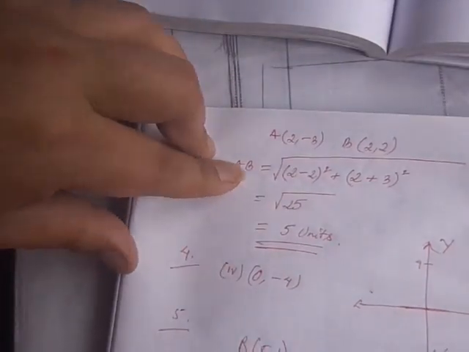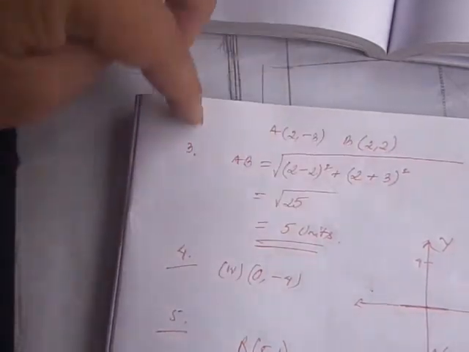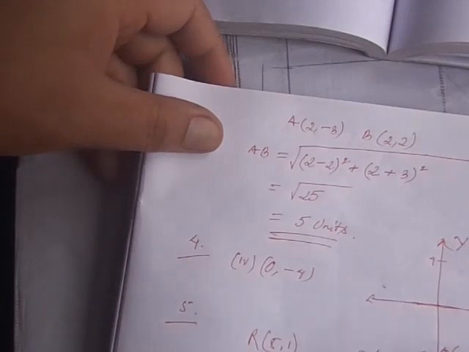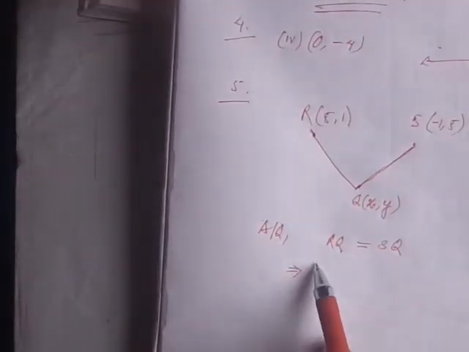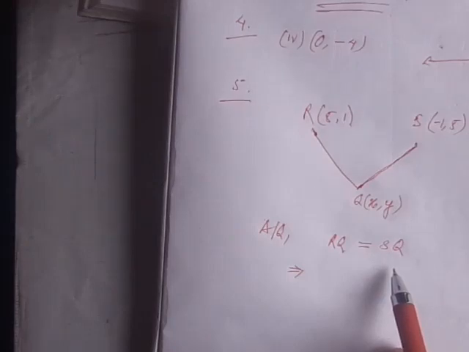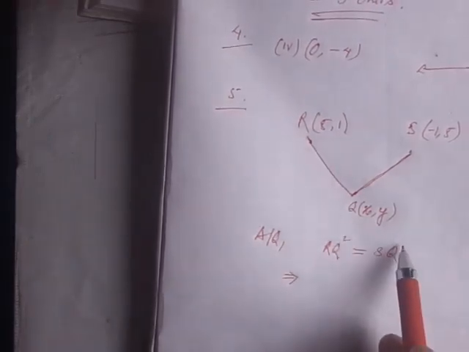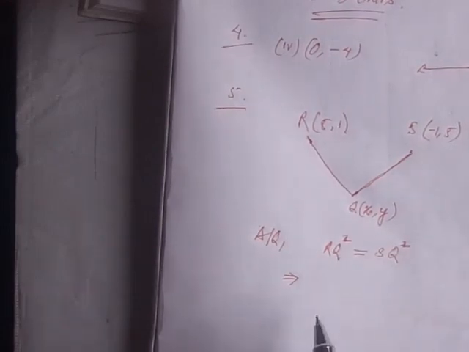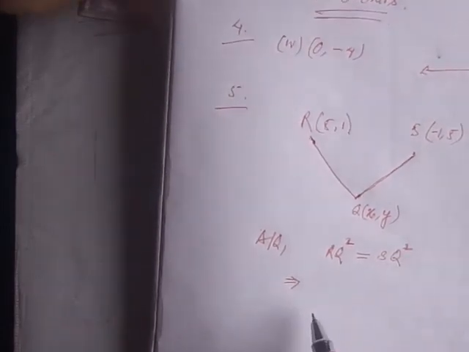Here we write EB equal to square root like this. When you use the distance formula, this square root will be there. But if I square both sides, we can write without this root.